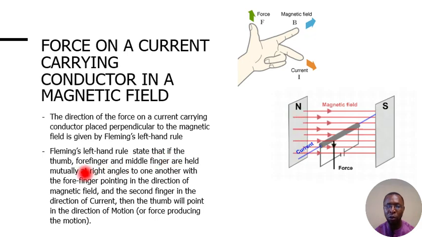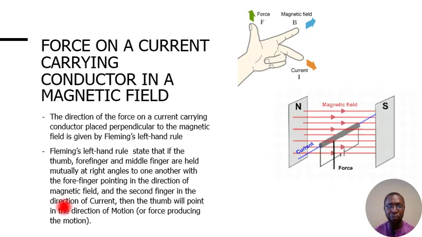The rule states that if the thumb, the forefinger, and middle finger are held mutually at right angles to one another, with the forefinger pointing in the direction of the magnetic field and the second finger in the direction of current, then the thumb will point in the direction of motion, that is, the direction in which the force will move the conductor. That is the force that acts on a current carrying conductor in a magnetic field.